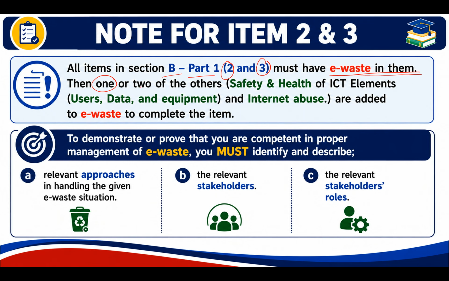Then 1 or 2 of the others is on safety and health, then ICT elements. Safety and health of the ICT elements, these include users, data, then equipment. And internet abuse are added to e-waste to complement them.